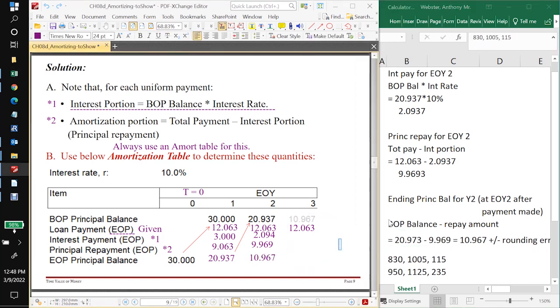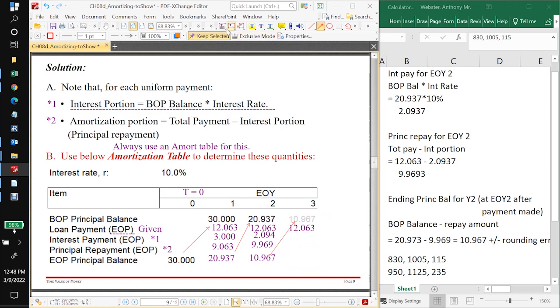Now we could proceed doing the exact same thing with year 3. First thing we want to do, as usual, is note that the end of period balance on the loan in year 2 is equal to the beginning of period balance for year 3.